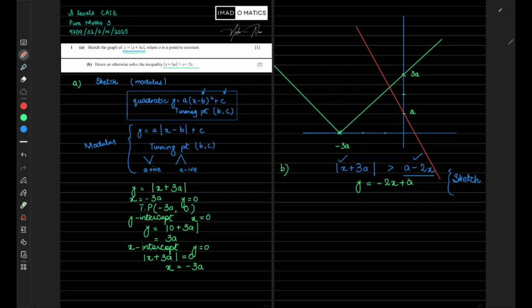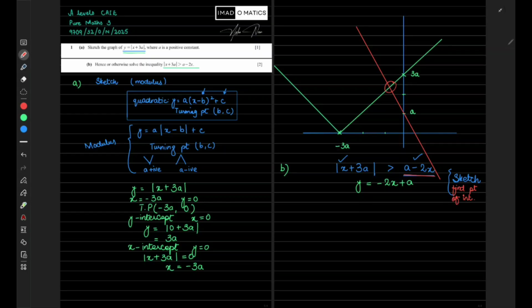So this is the curve of this equation. What we need to do further is find the point of intersection.